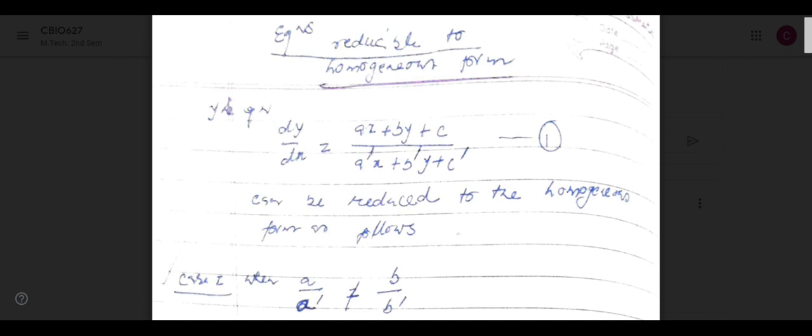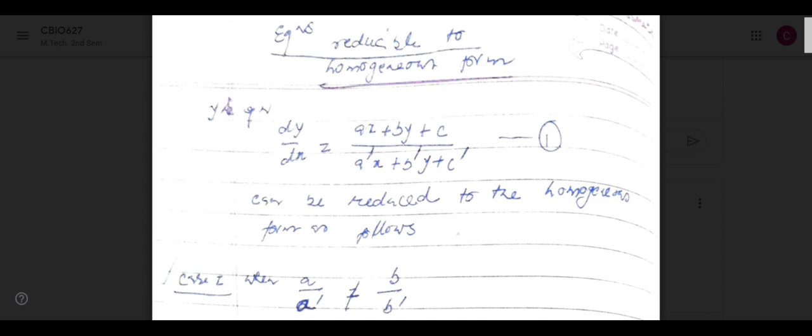Ma'am, those two functions should be of the same degree. Then the overall equation is called a homogeneous differential equation. So say f of xy is x into y, and g of xy is y square or x square.